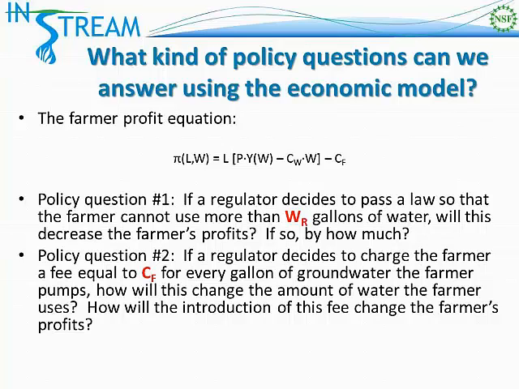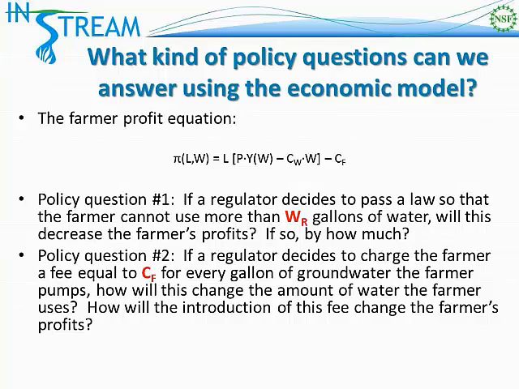By introducing C sub F into this equation, you can then, as we did in part 3, take the derivative of this profit function and see what is the profit maximizing level of water use for the farmer, given that he now also has to pay a fee for every gallon of groundwater that the farmer pumps.